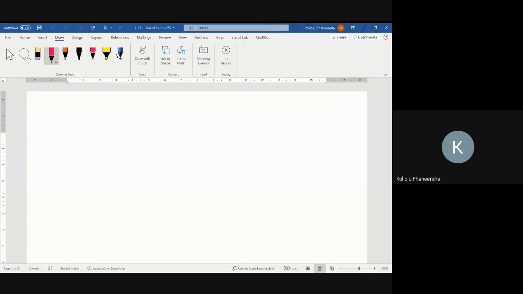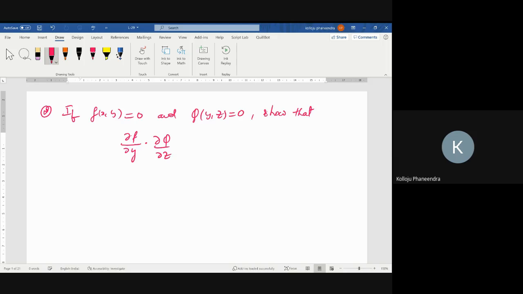If f of x comma y equal to 0 and phi of y comma z equal to 0, show that dou f by dou y, dou phi by dou z into dz by dx equal to dou f by dou x into dou phi by dou y. Solution.